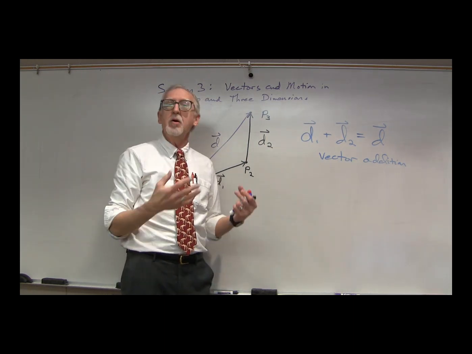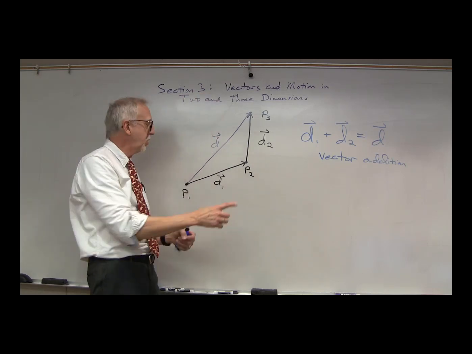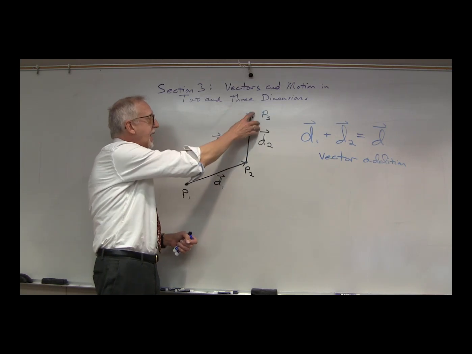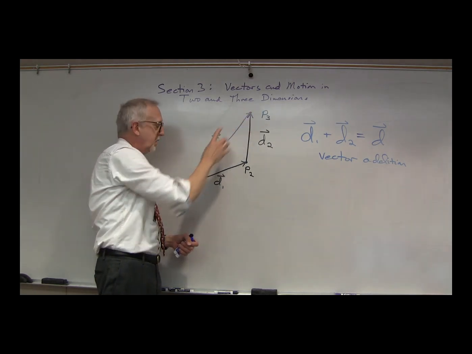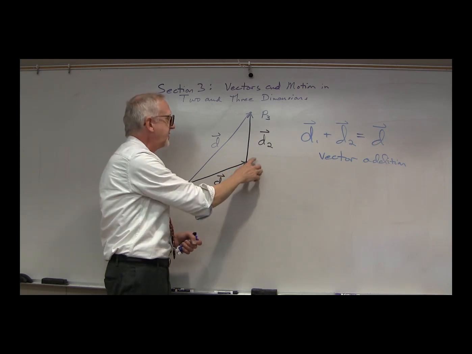The sum, or the resultant of the two vectors added together, is then a vector that goes from the tail of the first vector to the head of the second vector. Okay? So how do we add these? We add them head to tail.